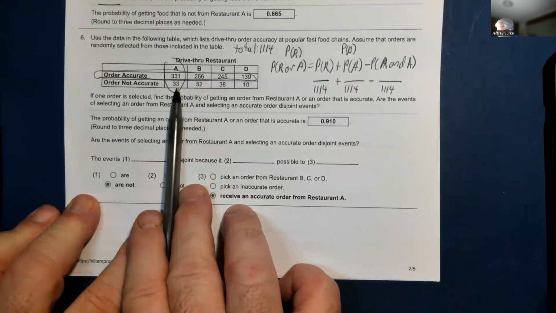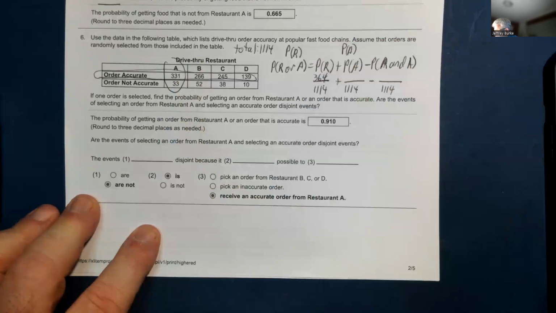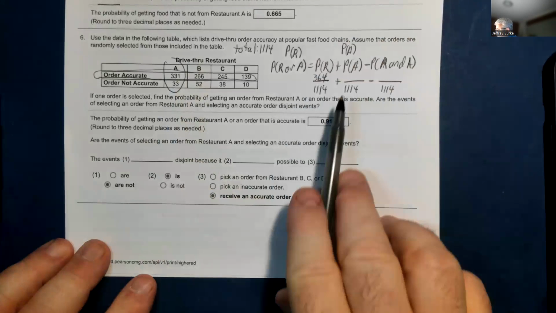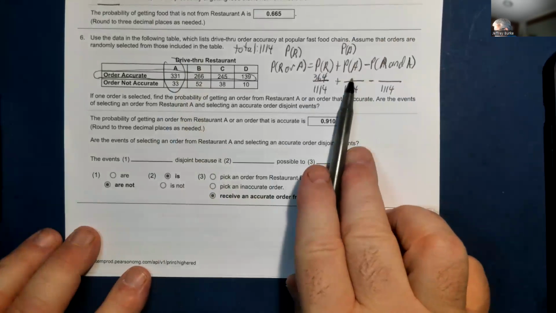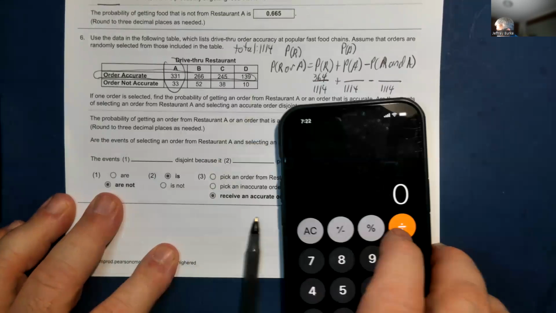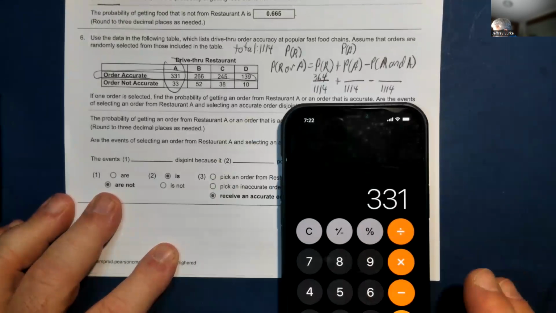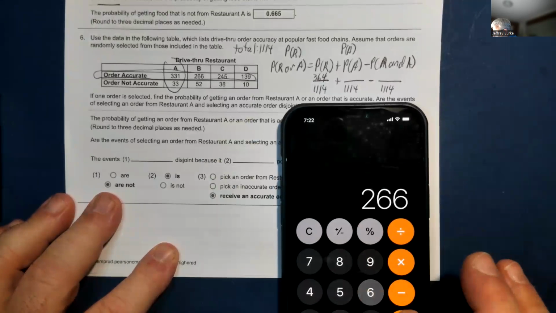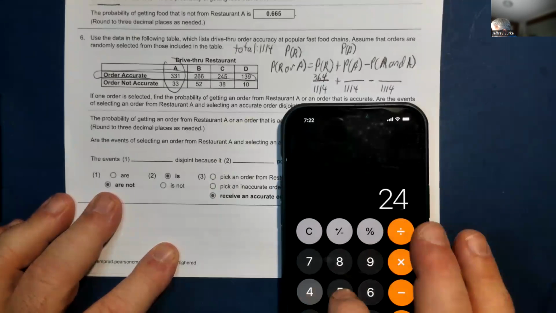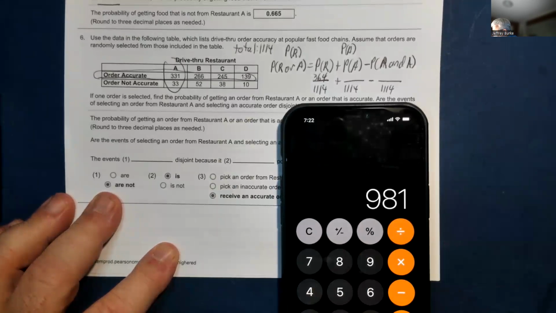So this is going to be 331 plus 33, and that's going to be 364. That's the first one. Now we want the probability that they're going to get an accurate order. So that's going to be the sum of these four numbers here. So that is going to be 331 plus 266 plus 245 plus 139. And that's going to equal 981.